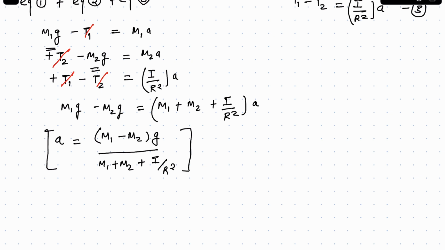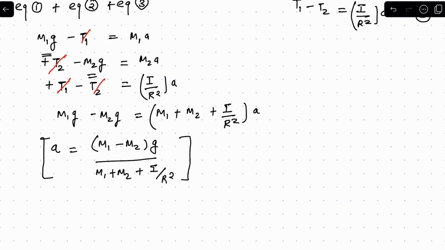Now if I look at this relation carefully, in the numerator there is the net force M1 minus M2, that is the total gravitational force. And in the denominator there is the total mass M1 plus M2 plus I by R square, which is the rotational mass. So this is our acceleration.